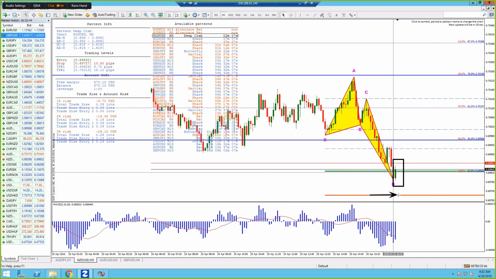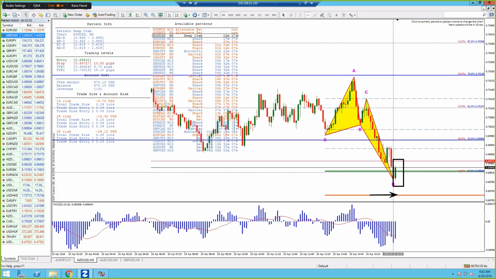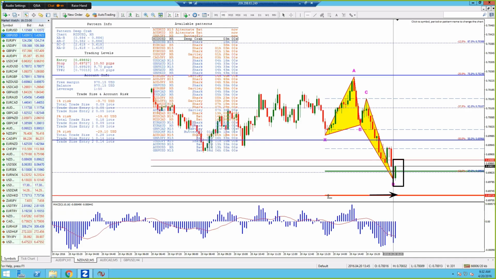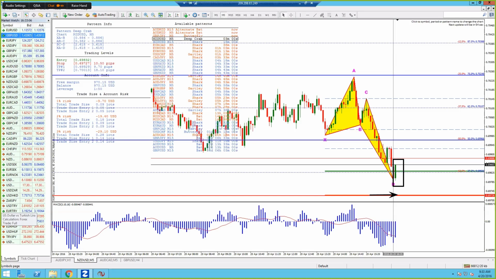The stop is going to be down here. NZD USD buys down there. 0.6973. 0.6973 stops.